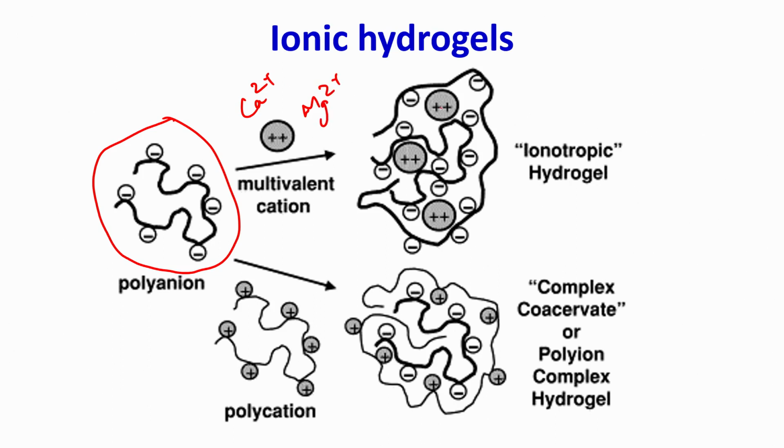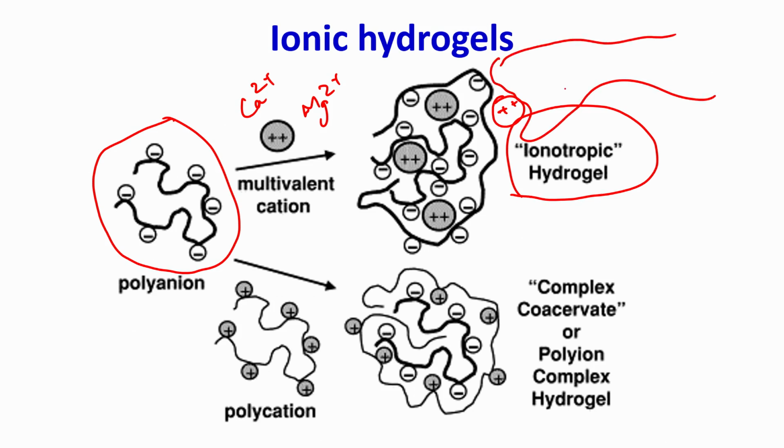What will happen is that these individual atoms of calcium and magnesium will interact with at least two of those negative ions, and they will result in the formation of something called an ionotropic hydrogel. And again there will be another calcium molecule here that will interact with another big chain, and that is how you can imagine the whole network growing and making a very complex structure having lots of interaction between a single chain and several other molecules.